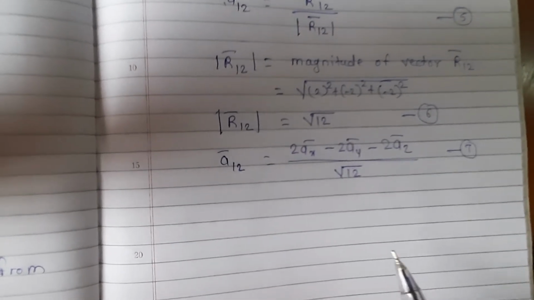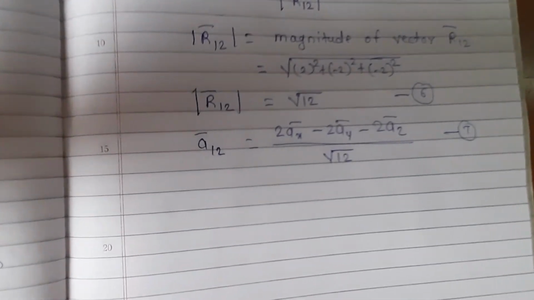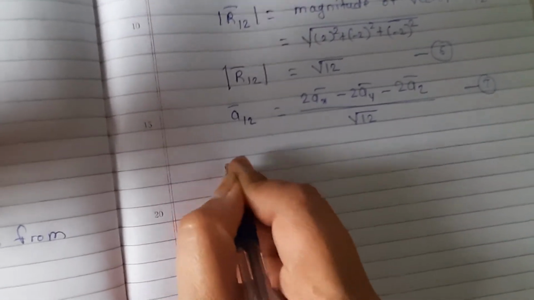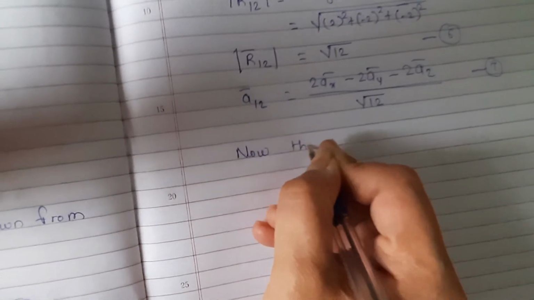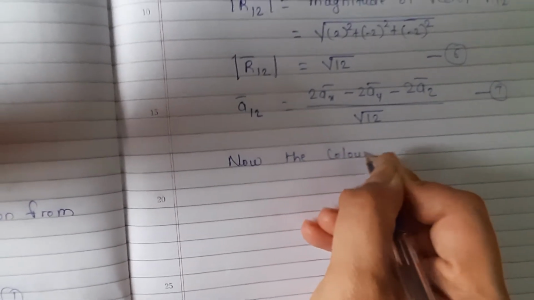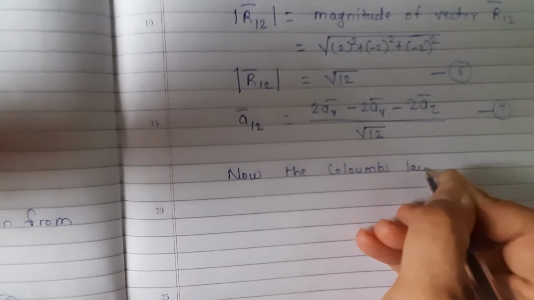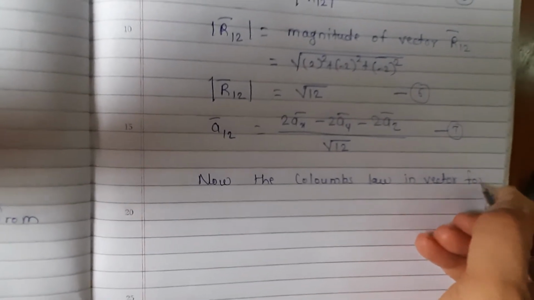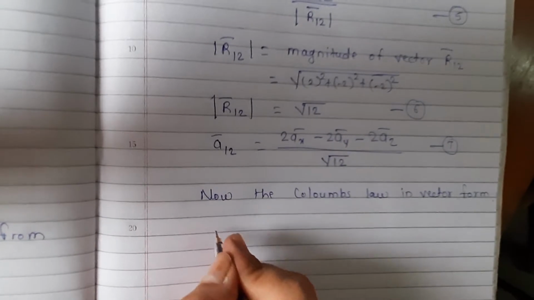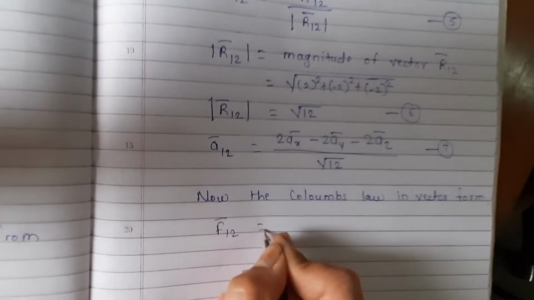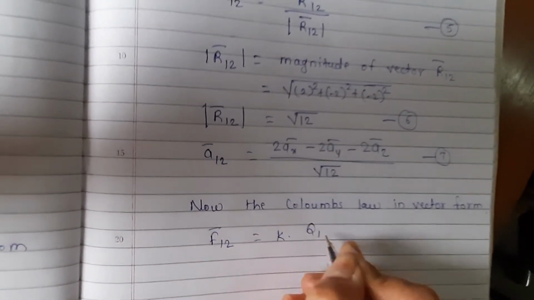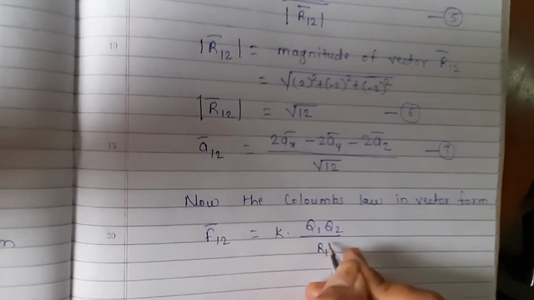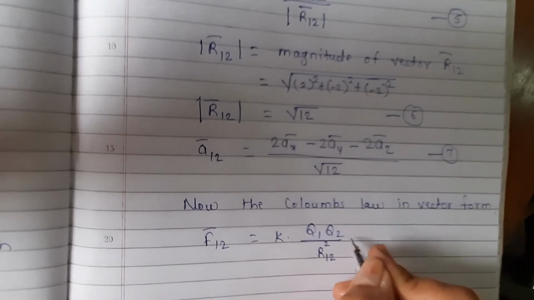Okay. Now the next is Coulomb's law. We have to use Coulomb's law in vector form. What is the equation of Coulomb's law? Coulomb's law in vector form is F12 equals K into Q1 Q2 over R12 squared, into the unit vector. Here K is the proportionality constant, Q1 and Q2 are both charges, and R12 is the distance between these two charges.